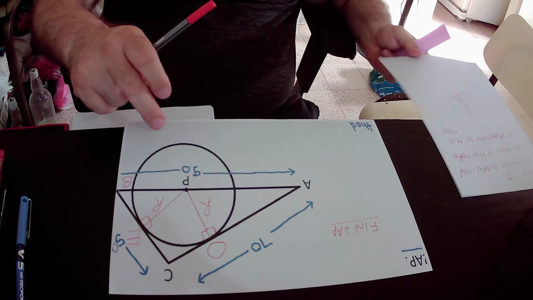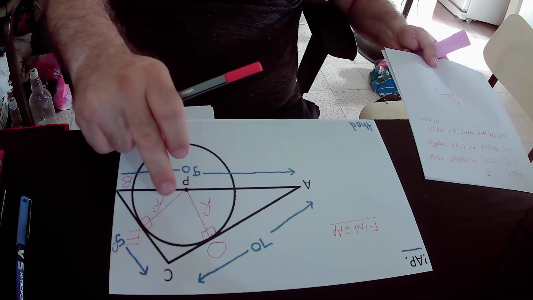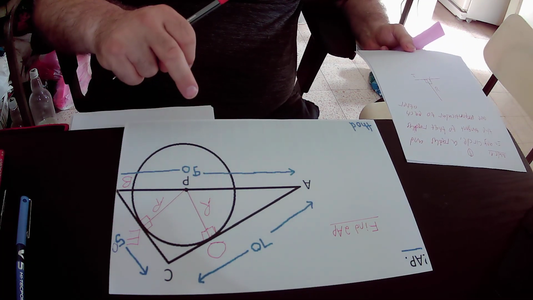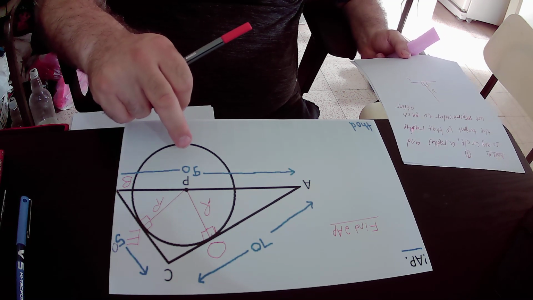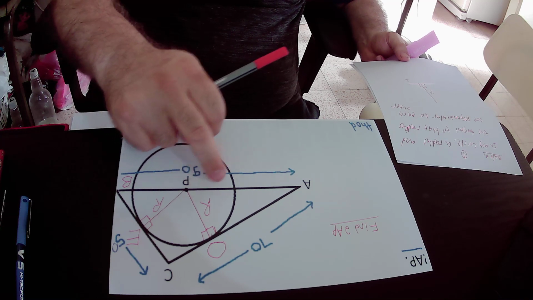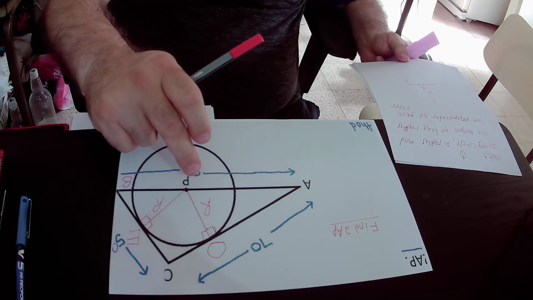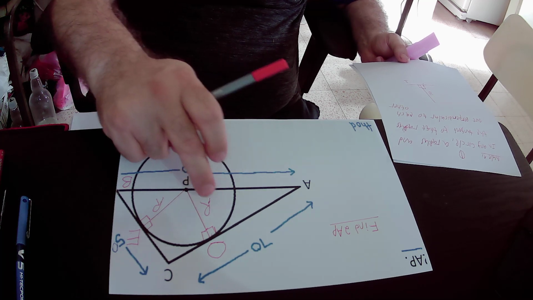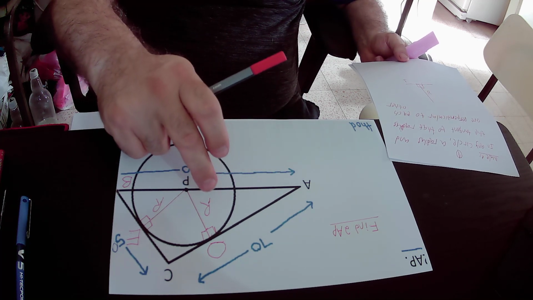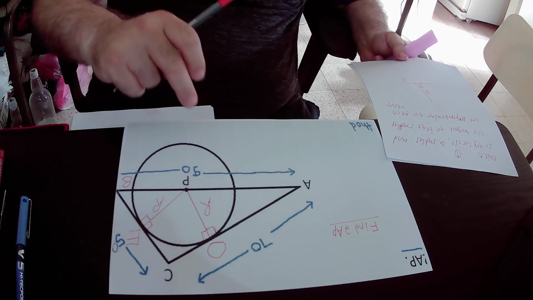Again, in any circle, the radius and the tangent to that radius are perpendicular to each other. That is to say, radius PO is perpendicular to AC, so angle POA equals 90 degrees and also angle POC equals 90 degrees.